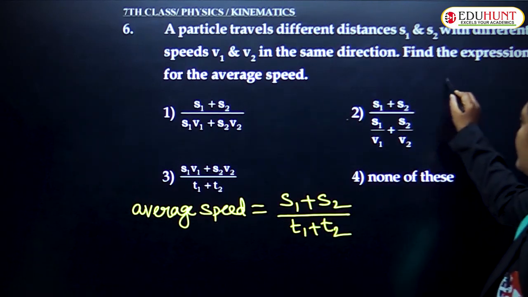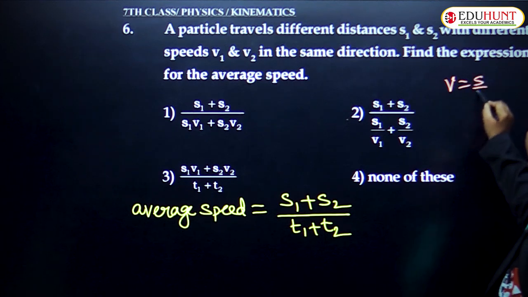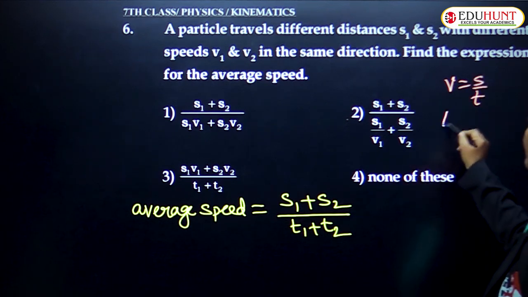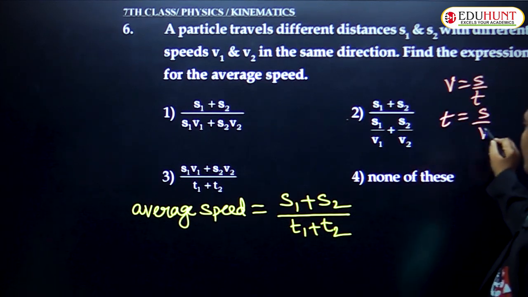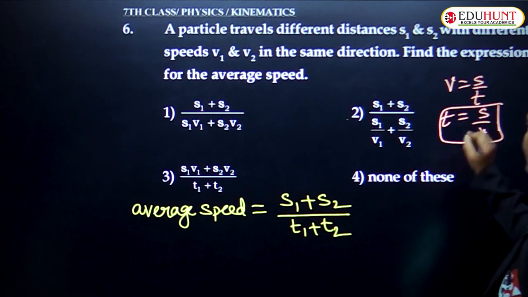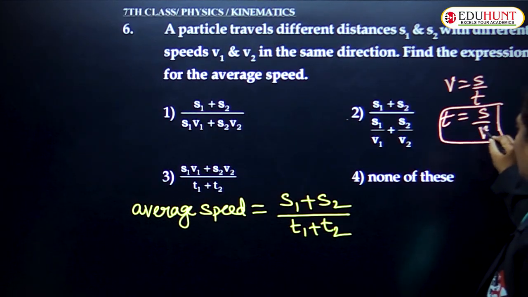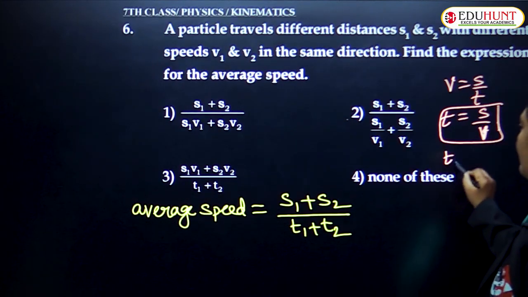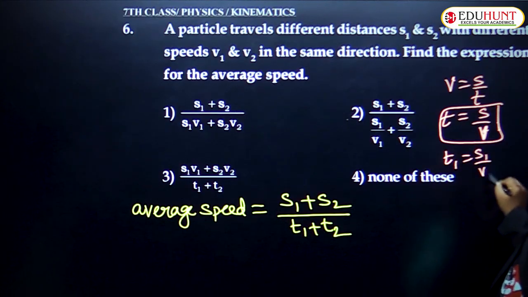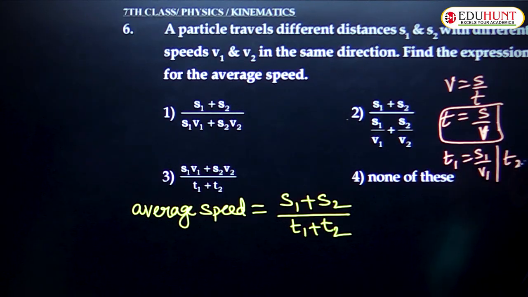Children, as we know, speed is equal to distance by time. So, time would be equal to distance by speed. Wherever we get a time, you can replace it with S by V. So, T1 would be S1 by V1 and T2 would be S2 by V2.